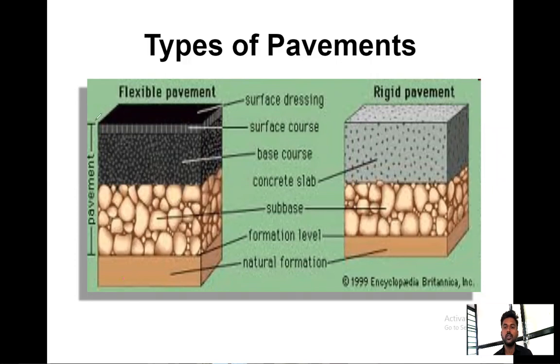See here in the diagram, they have shown the first layer of the flexible pavement is the surface course, the first layer on the top. Or we should go with the bottom. We'll go in reverse. We will start with the bottom, because whenever we are constructing the road, we construct from the bottom. So at first, there is the soil.